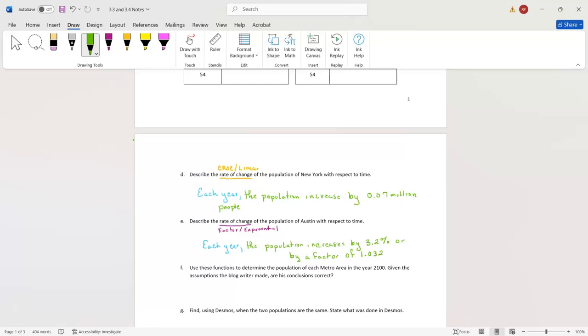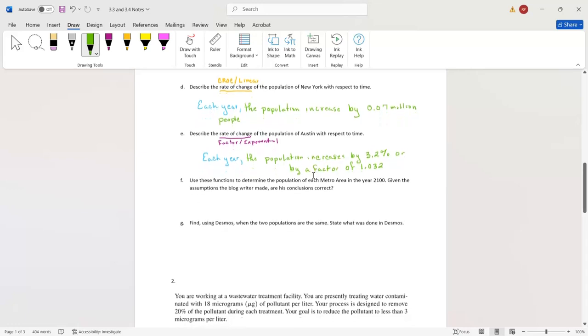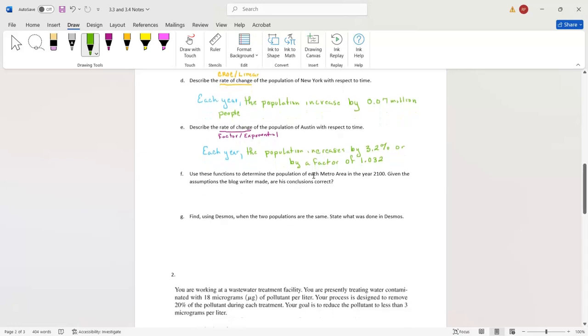So you can include both parts of that statement, or you can just say the population increases by a factor of 1.032, or you can just say that each year the population increases by 3.2%. So you kind of have two different ways of stating that when we're talking about an exponential rate of change.